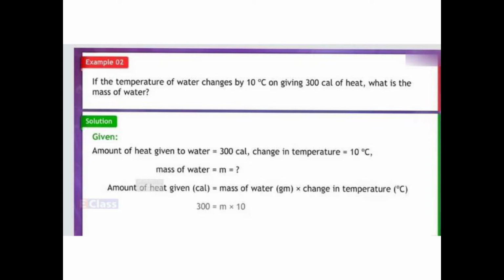So let us solve it. So amount of heat given in calories is equal to mass multiplied by temperature change. So mass का m रख दो. Heat given is 300 calories ना, so 300 लिख दो and change in the temperature कितना दिया है 10, तो वो लिख दो. Solve further. What you will get?